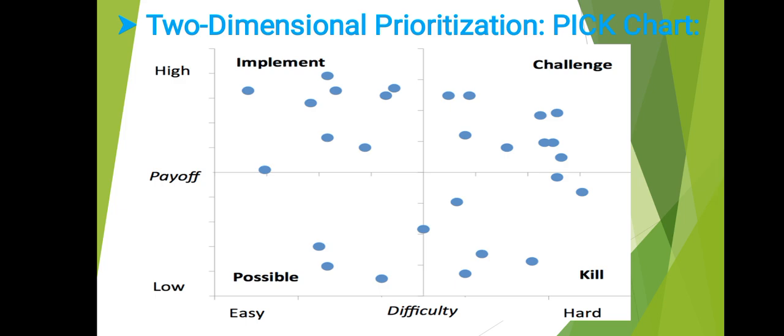Let's have a look at the chart. In the implement block there are more dots as compared to that of the possible. So each dot basically represents an idea or an issue, but more precisely I think it is ideas. So there are different ideas. If it is in the implement section, it means that these ideas should be implemented.